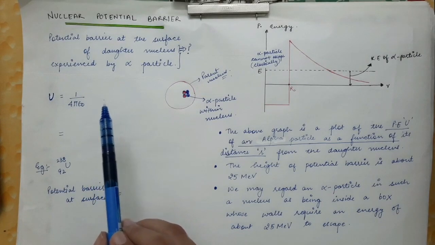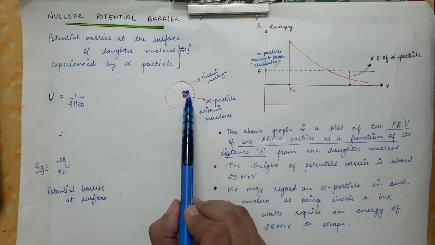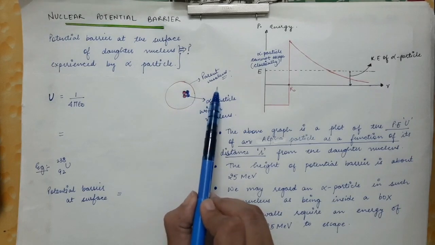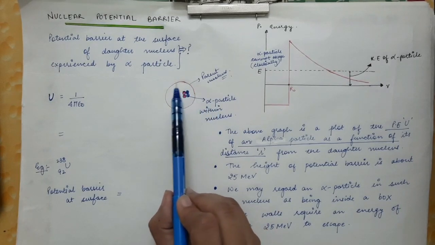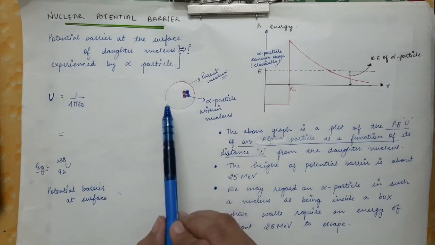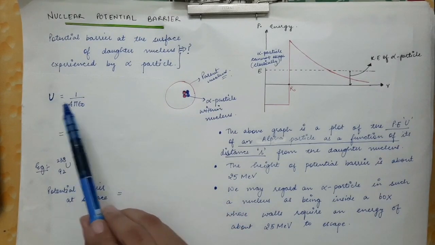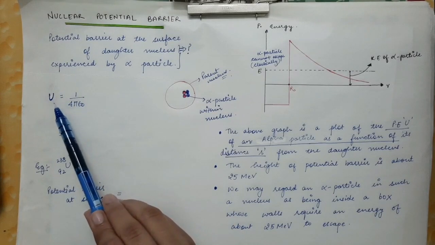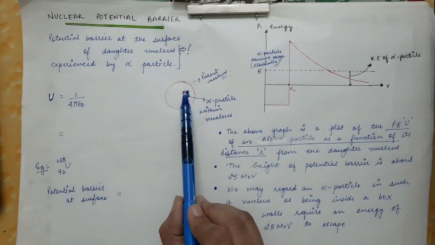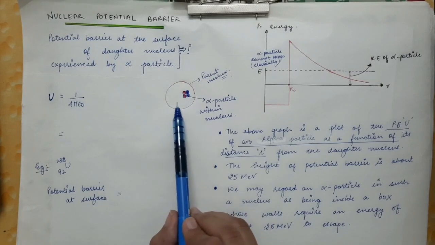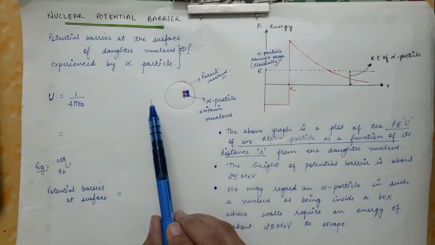Here the charged bodies are, first, the alpha particle and the other one, the daughter nucleus. The alpha particle will get emitted, and the leftover nucleus will be just the daughter nucleus. So we are going to see the potential energy experienced by this alpha particle due to the remaining charge of the nucleus.